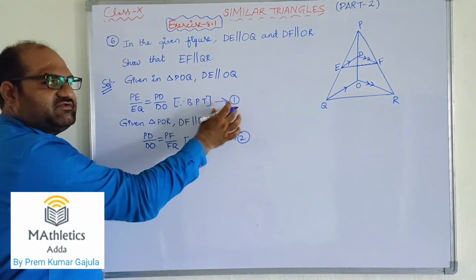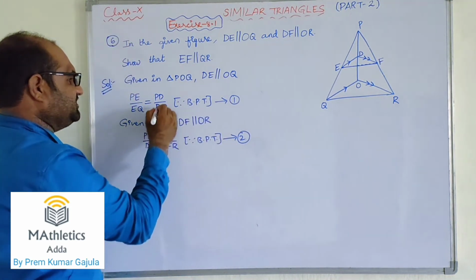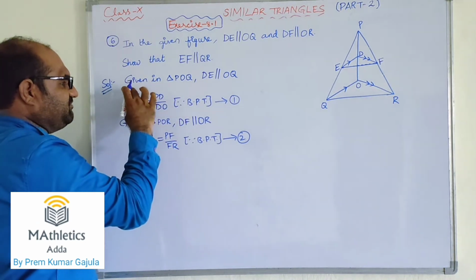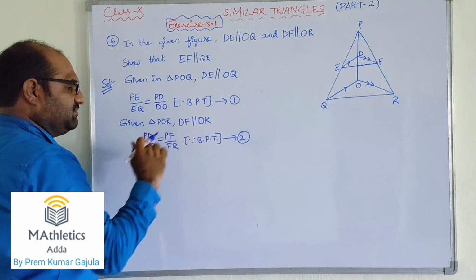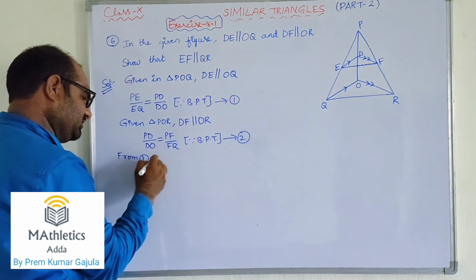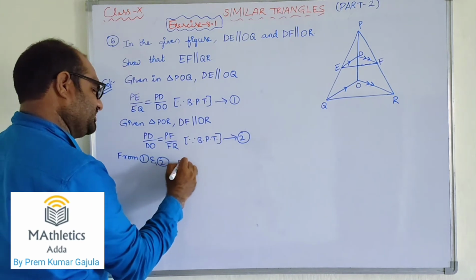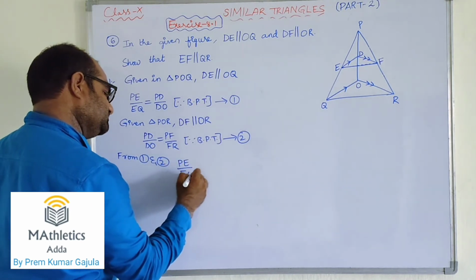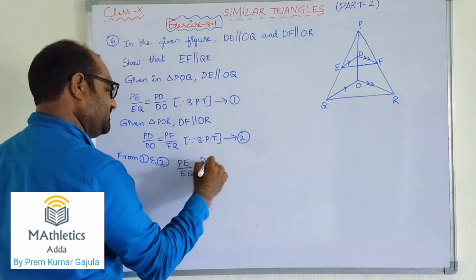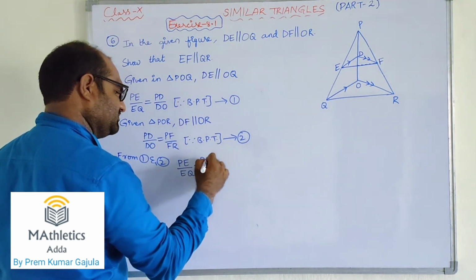Now here if you observe equation number 1 and equation number 2, you can see PD by DO is common. So from equation number 1 and 2, we can write PE by EQ is equal to PF by FR.